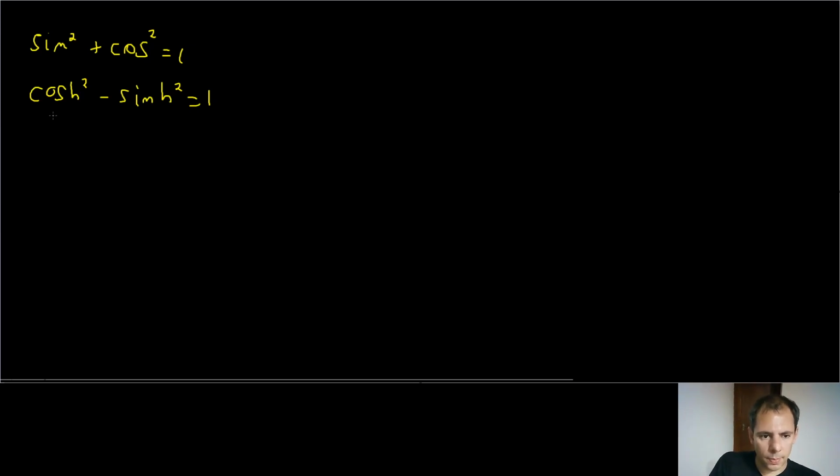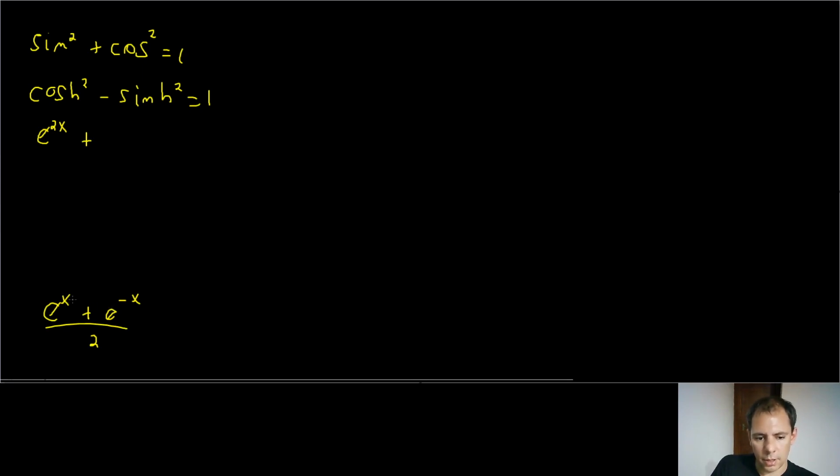The hyperbolic cosine is going to be e to the x plus e to the minus x divided by 2. So let's try that. You're going to have e to the 2x, because it's squared, plus 2 times e to the x, e to the minus x.